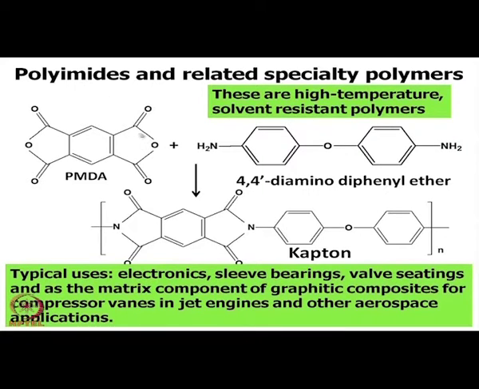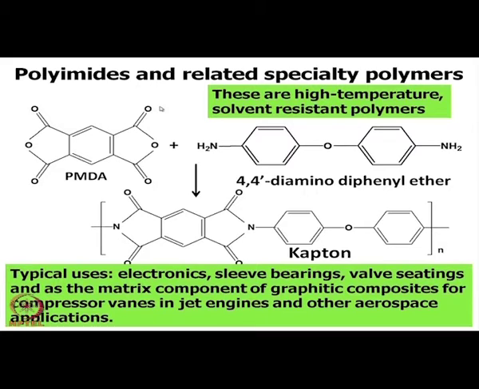So, this is an anhydride ring. This anhydride ring can be obtained by hydrolysis, forming 2 carboxyl groups. On this side also, hydrolyzing this anhydride ring, we will get 2 carboxyl groups. So, basically it is a tetrafunctional monomer. This pyromellitic dianhydride is a tetrafunctional monomer.